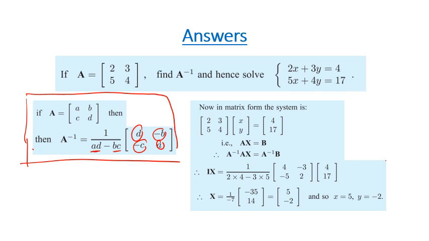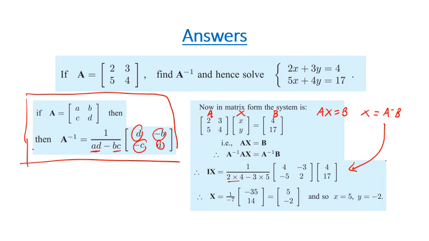So we can see here that this matrix is our A, and we've got our X and we've got our B. So remember the formula of AX equals B. Therefore, X is going to be the inverse of A multiplied by B, which is essentially what we've got down here.